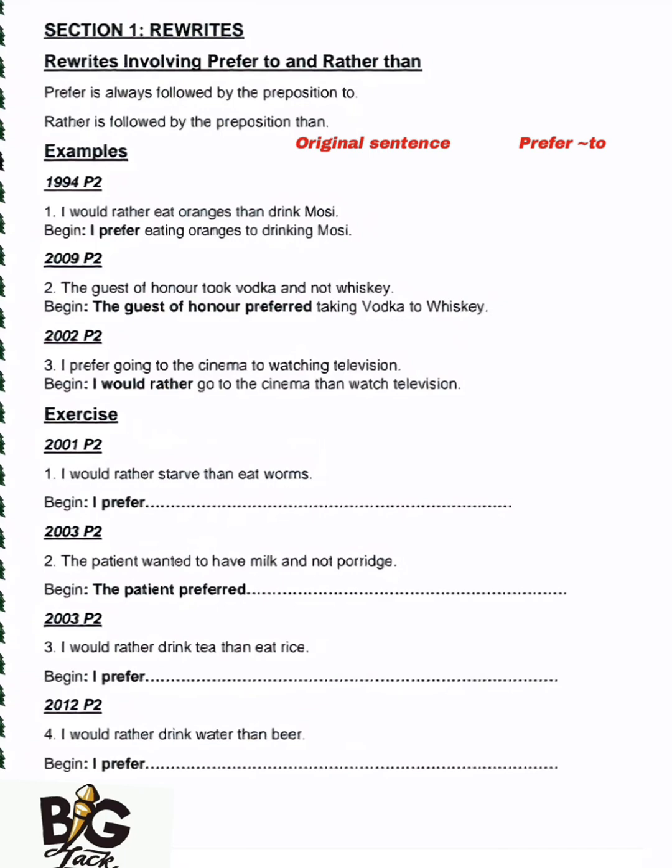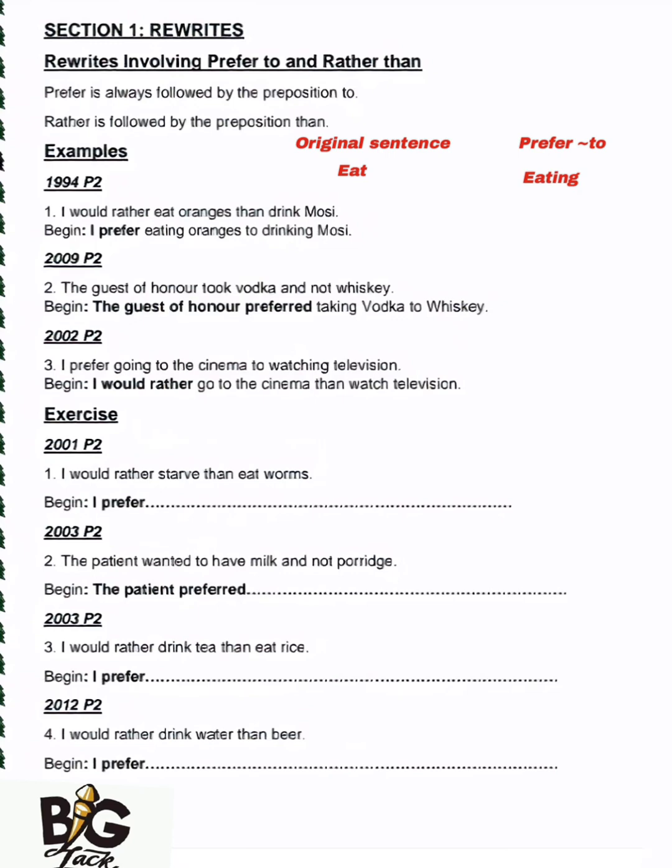For example, in the original sentence, if they have given you eat, drink, sweep, and so on, when rewriting using prefer, you need to add ing.